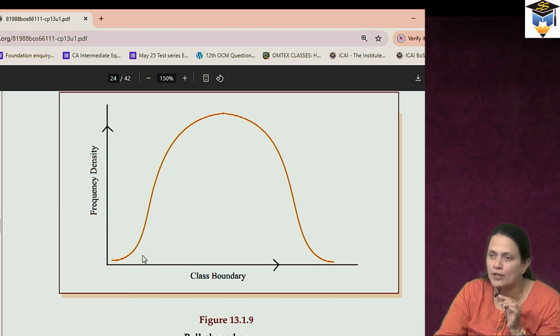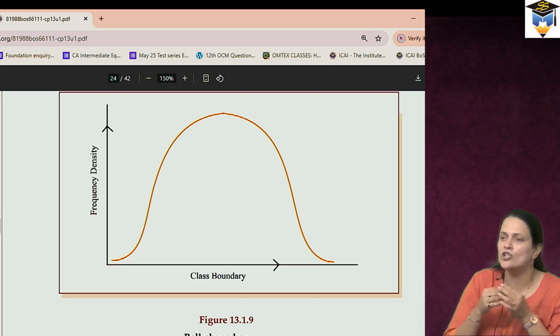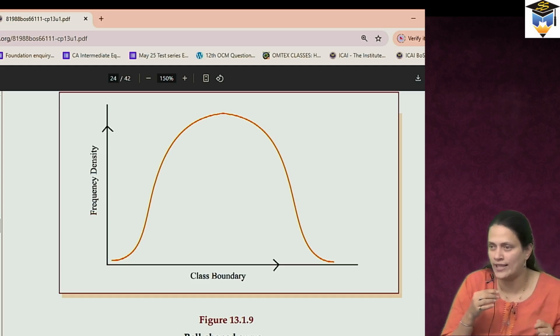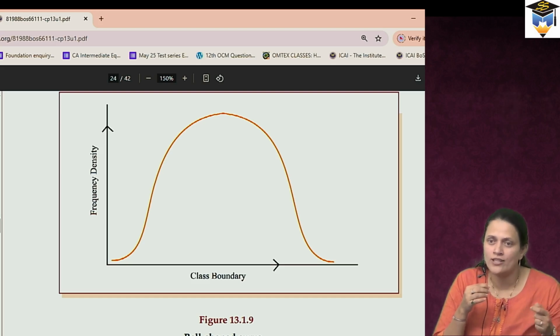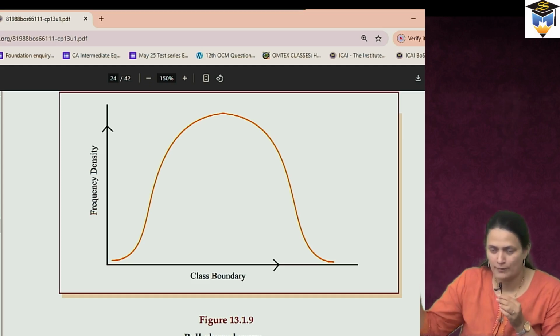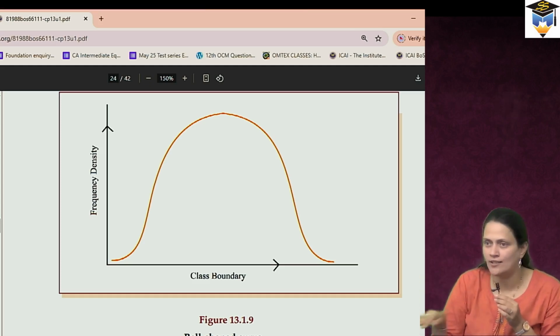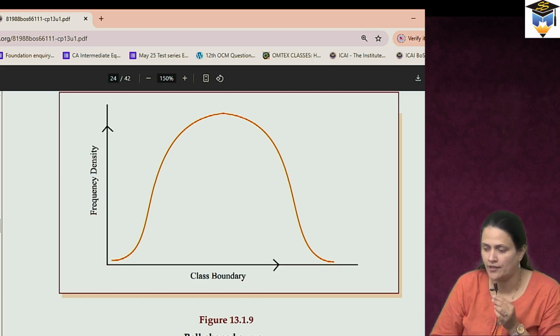This is the starting frequency and this is the ending frequency. Is it touching the x-axis? No, it is just above the x-axis. It is not exactly 0 on the x-axis; it is, let's say, 0.3 or 0.35. So the bell-shaped curve never touches the x-axis. Okay, keep this in mind.